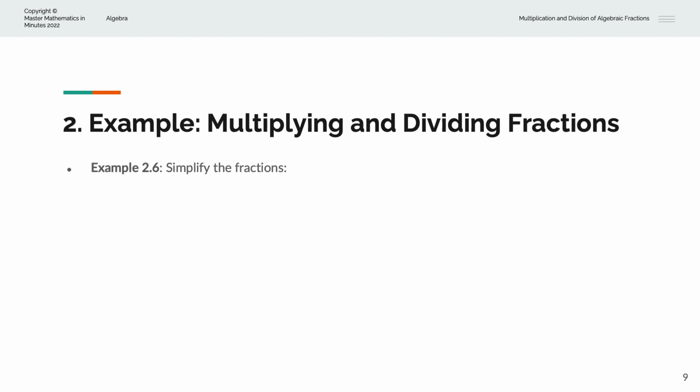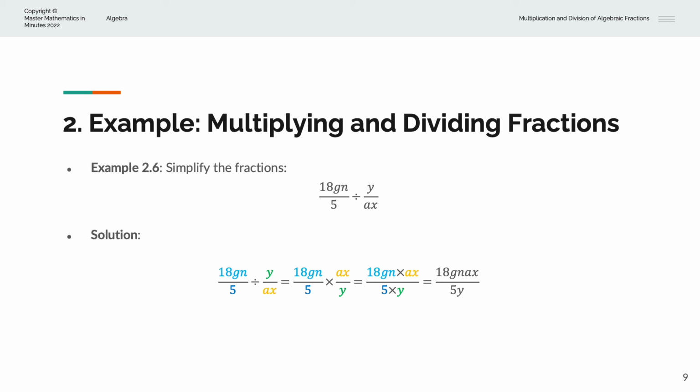In the final example, we're asked to simplify the fractions 18gn over 5 divided by y over ax. So we'll copy the first fraction across as 18gn over 5, and we'll swap the divide sign with the multiplication sign. We'll take the reciprocal of the second fraction.